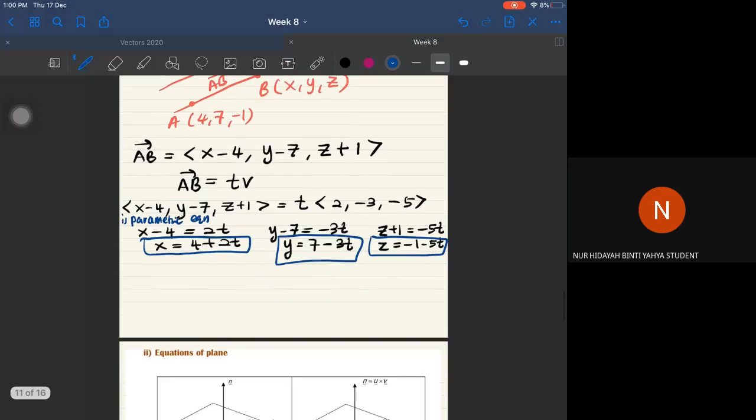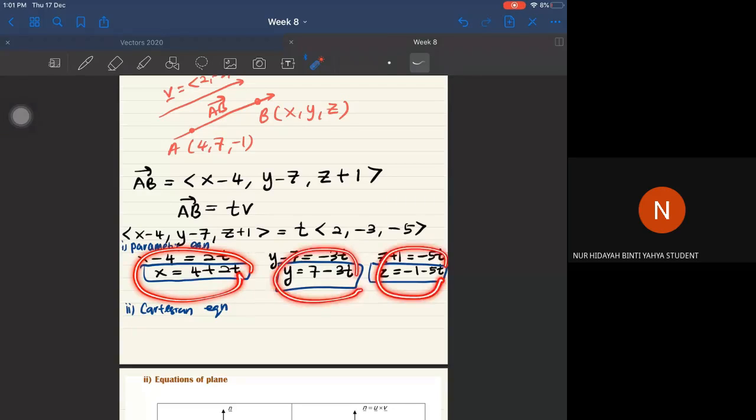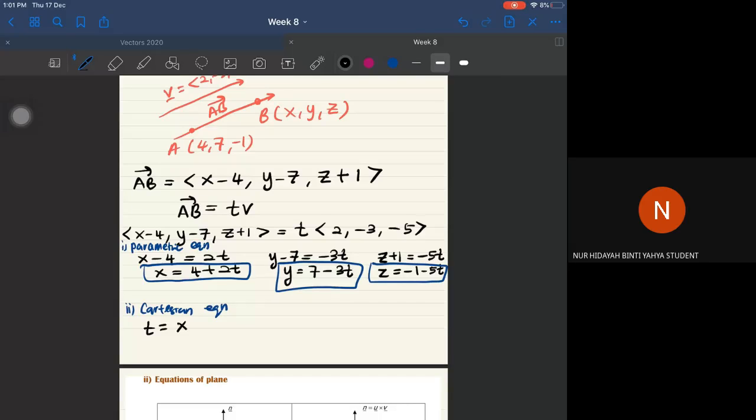So for you to get the Cartesian equation, step 1 ni, you kena jadikan T sebagai subject. So you will have T is equals to x minus 4 over 2. Macam mana saya dapat ni? Kita nak t sebagai subjek kan? So ni kena pindah ke sini.